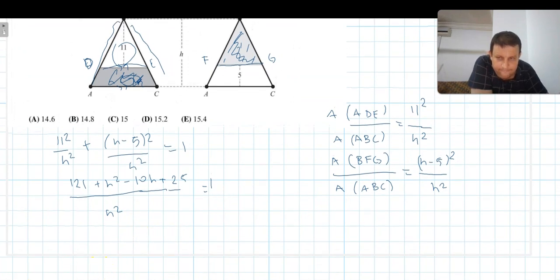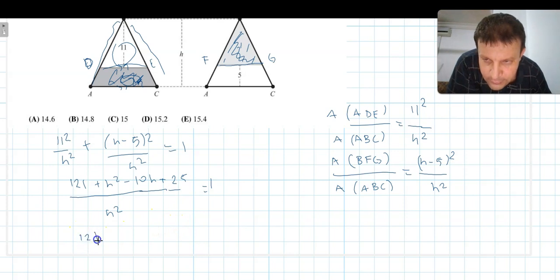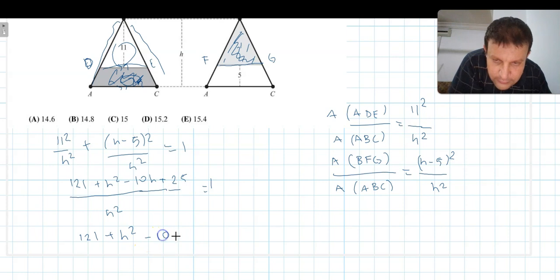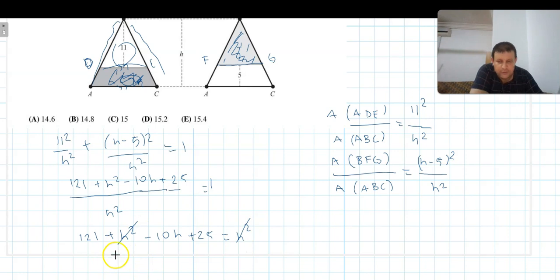After the cross multiplication we can write 121 plus h squared minus 10h plus 25 equals h squared. Okay, so we can cancel h squared.